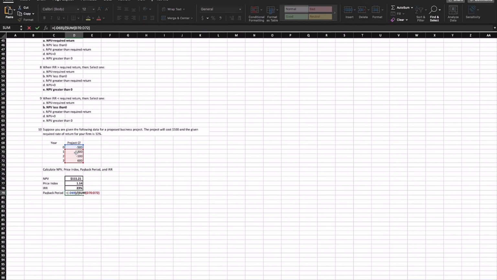And then we divide by 4 because there's 4 periods here. Well, there's 3 actually. Sorry. And then we get a 1.85. So we'll expect our money to be paid back in almost 2 periods. So by this second period, it should be paid off.